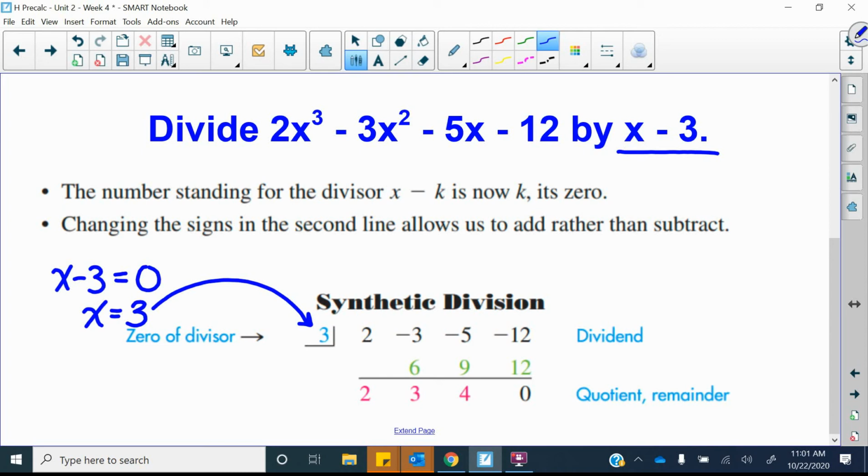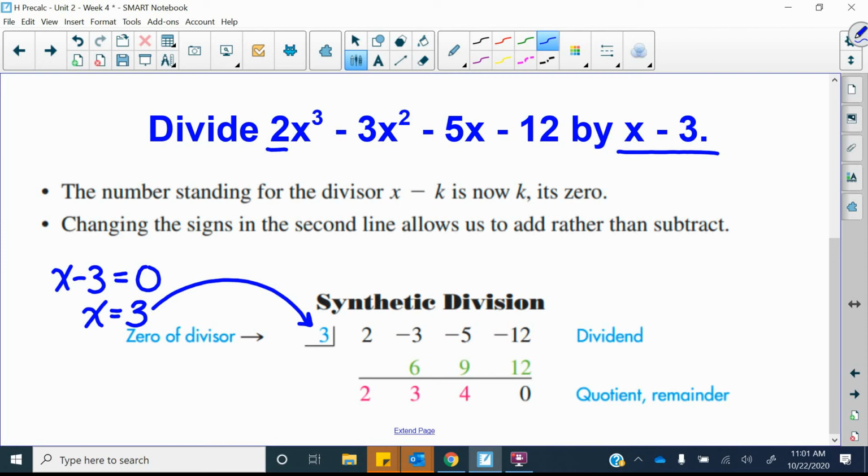The numbers to the right of that box are the coefficients of our dividend. Notice the 2x to the third power, we only use the coefficient of 2 out front. Then the negative 3, the negative 5, and the negative 12.